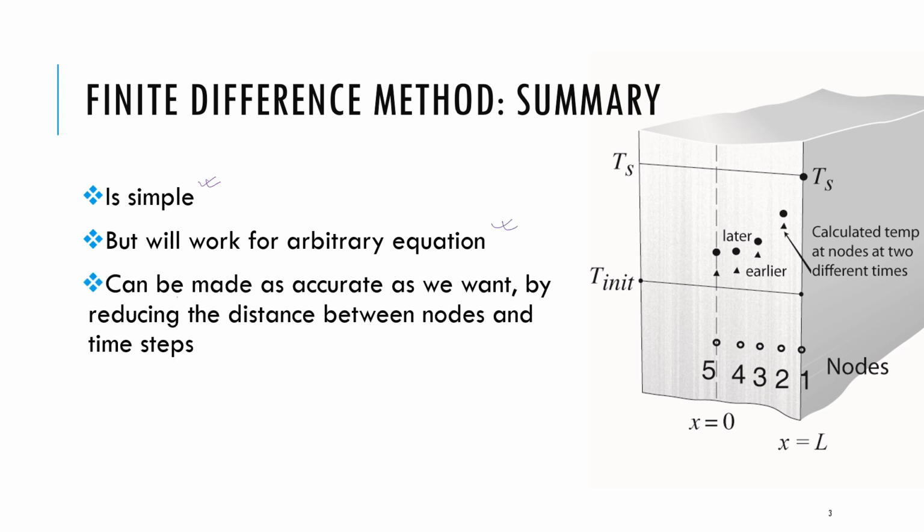Now, it can be made as accurate as we want by reducing the distance. So if the solution here is going to look, let's say, something like this, and that's not good enough, if you want it to be even smoother, then we could add more points in between, and that will give us a much smoother solution.